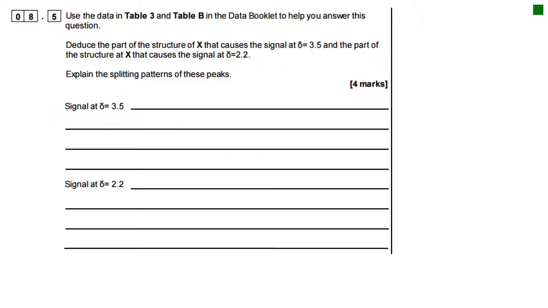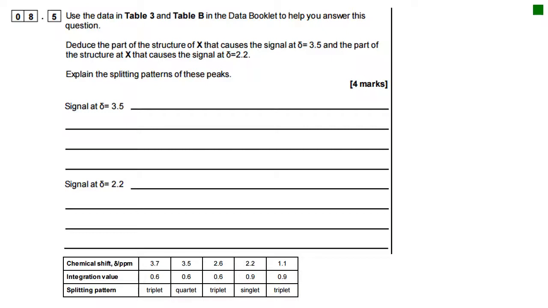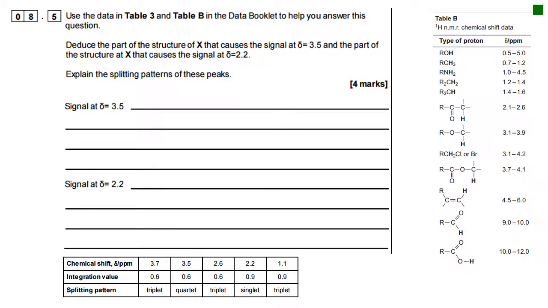Okay, moving on to 8.5. It says use table 3 and table B, and here they are. That's table 3 and that's table B from the data sheet. Alright, to answer this question, let's just rewrite these numbers. This turned into a 2, didn't it? A 2, a 2, and this turned into a 3 and a 3. So we had that from before.